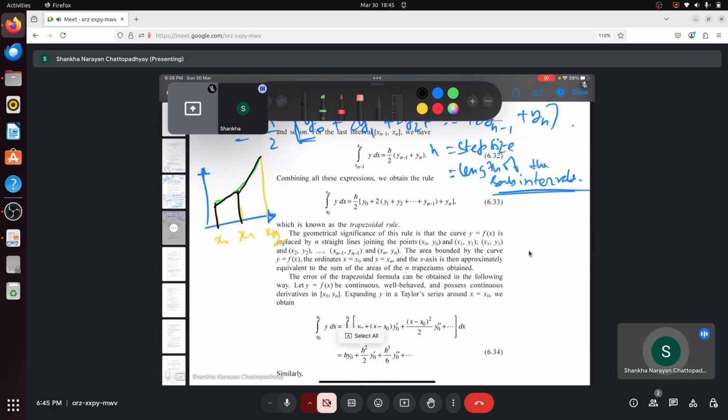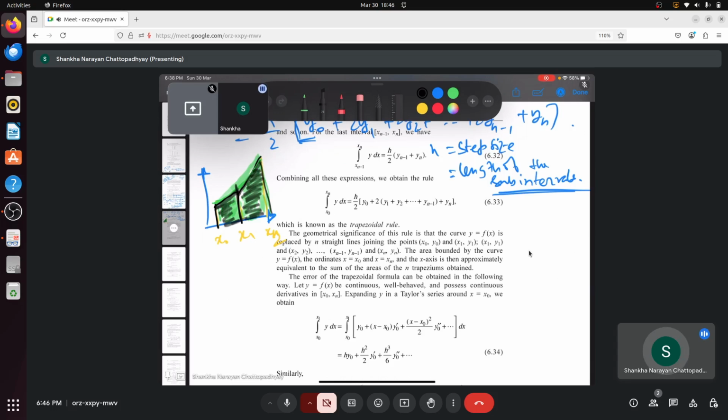So that is how I approximate. You have this curve, and this is the area bounded by the curve. This is the total area, and what you are trying to do is fit these trapeziums and estimate that area by calculating the area of the trapeziums.